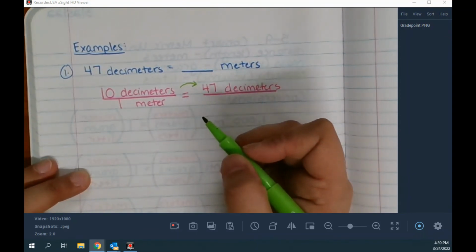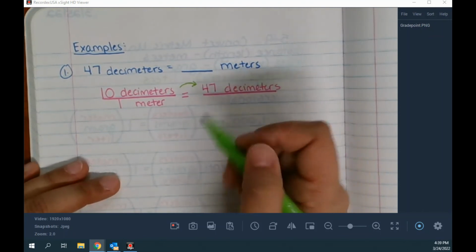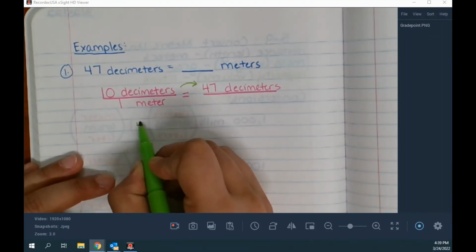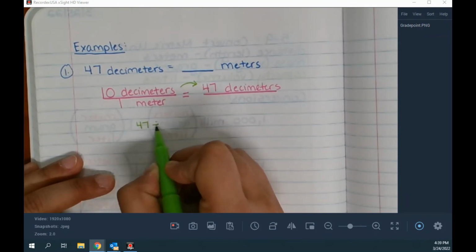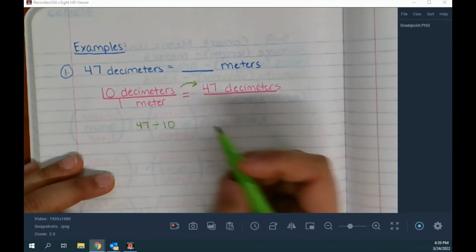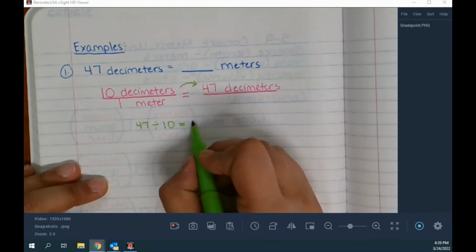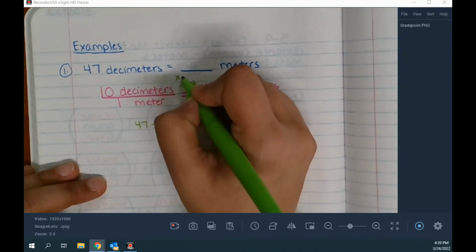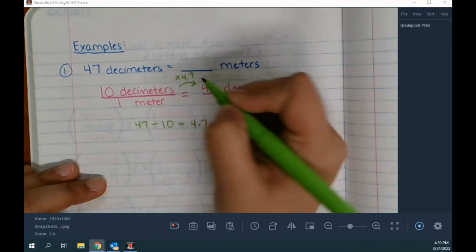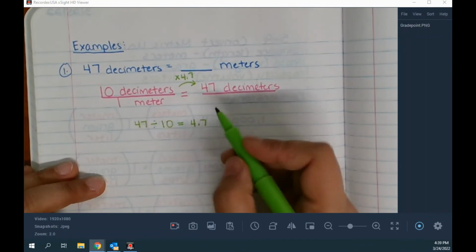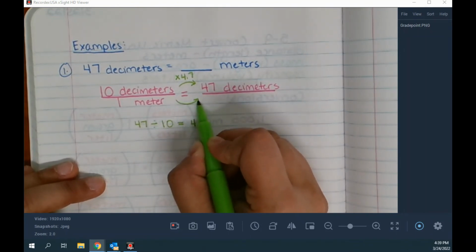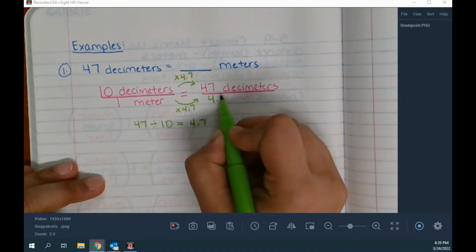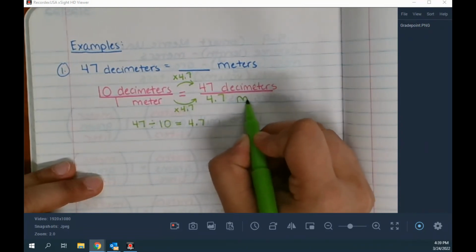If you're not sure how to get from 10 to 47, one way to do that is to work backwards and divide. So I could divide 47 by 10, which would give me 4 7/10. So that tells me that I multiplied 10 by 4 7/10 to get 47. So I've got to do the same thing to the number of meters, multiply by 4 7/10, which would give me 4 7/10 meters.